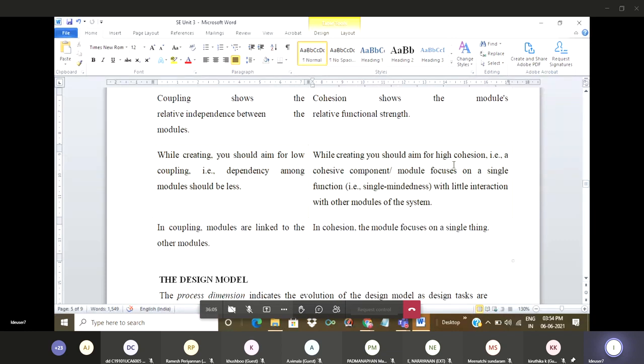The final difference is that in coupling, modules are linked to each other. In cohesion, the module focuses on a single thing. These are the differences of cohesion and coupling.